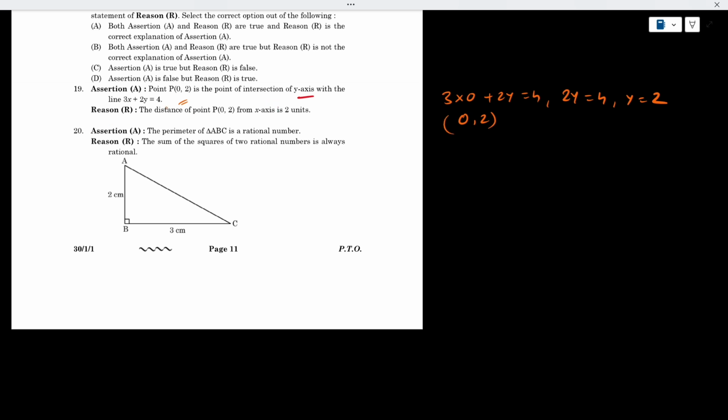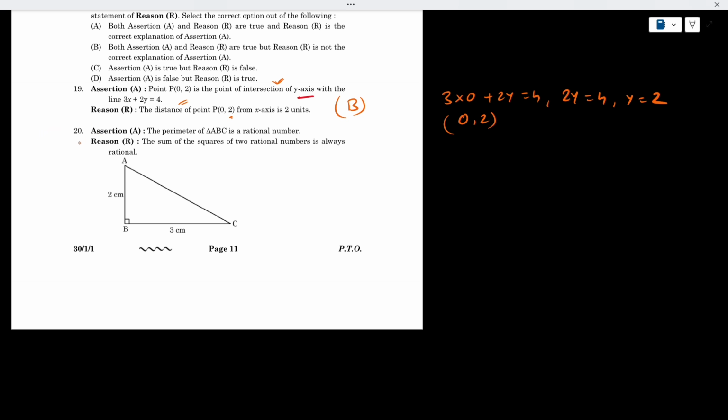So the assertion is true. Now the reason, the distance of point 0 comma 2 from the x axis is 2 units. This is also true, but it is not explaining, because here it's nothing but the y-intercept, right? So they both are true, but the reason is not the correct explanation. So option number B is the right option, right?